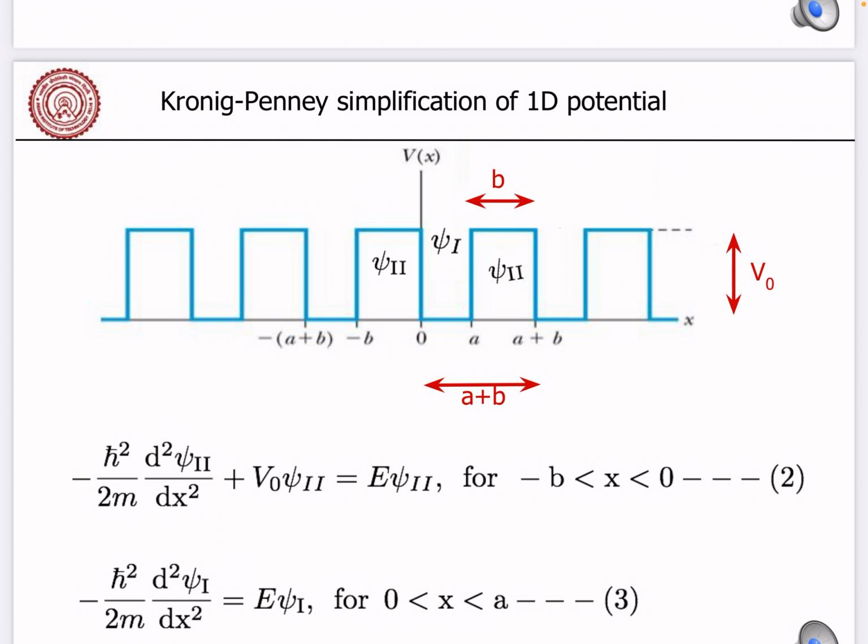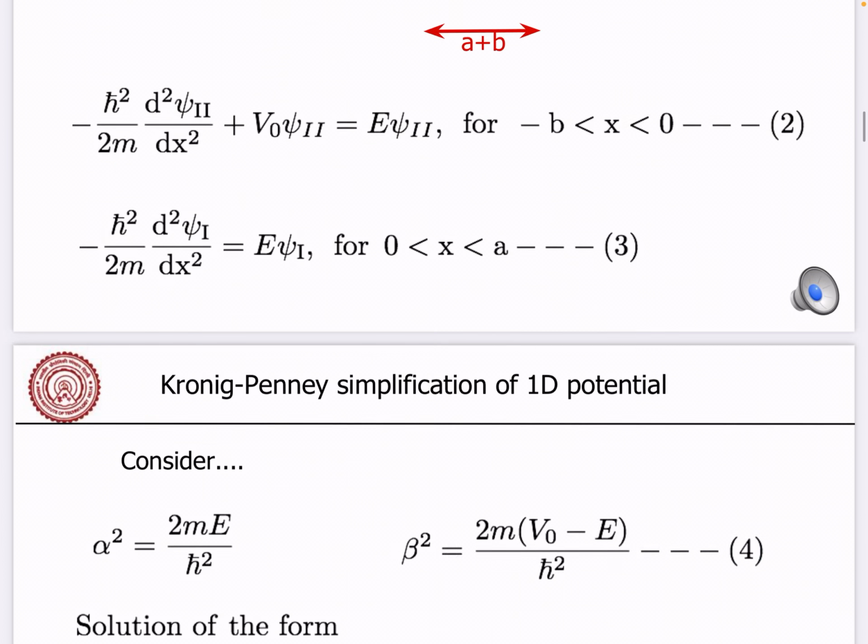In region 1 the potential is 0, within 0 to A. Therefore the Schrodinger equation is minus h square by twice m d2 psi 1 dx square equal to E psi 1, for x between 0 to A. And for region 2, you include in addition to the kinetic energy the potential energy: minus h square by twice m d2 psi 2 dx square plus V naught psi 2 equal to E psi 2, where E is the total energy of the electrons.